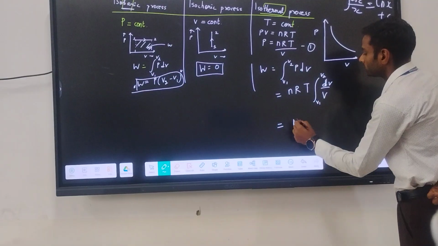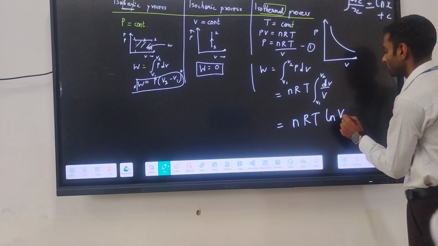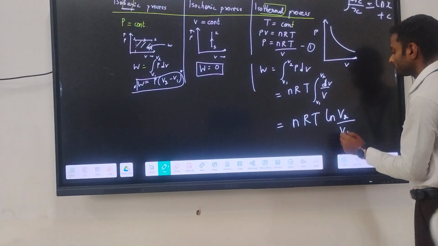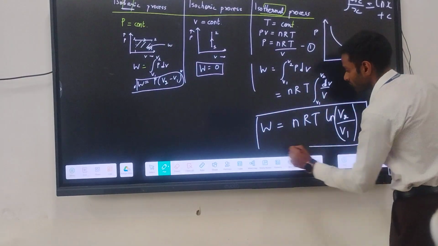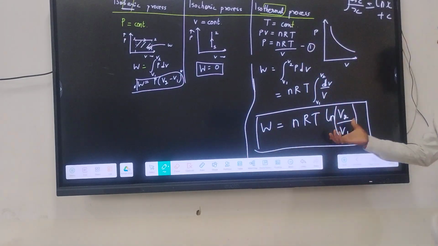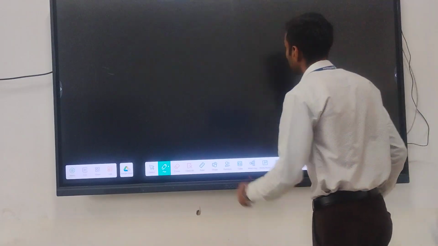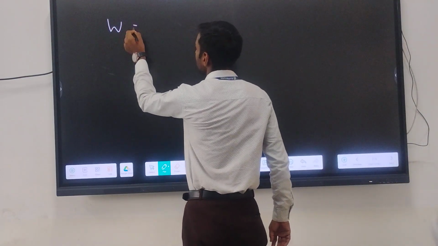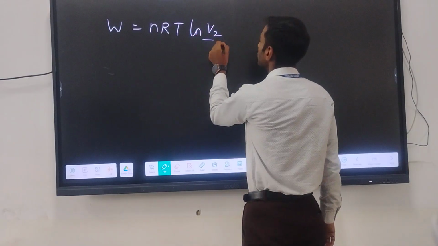So here, integrating, you will get the final result. This is your work done in case of the isothermal process. So work done in case of the isothermal process is nRT ln(V2 upon V1).